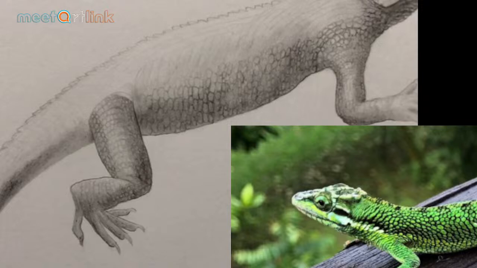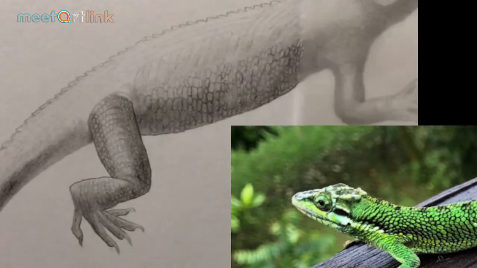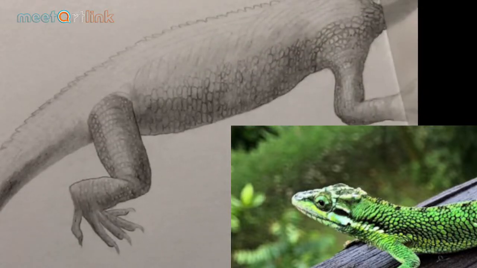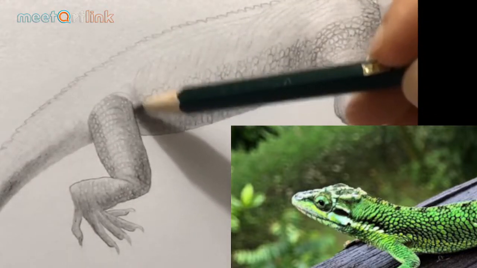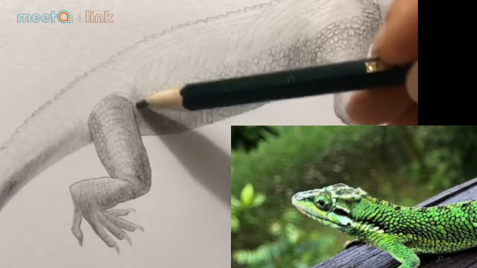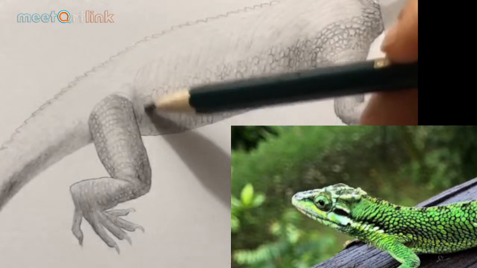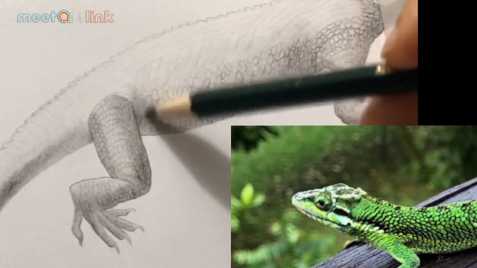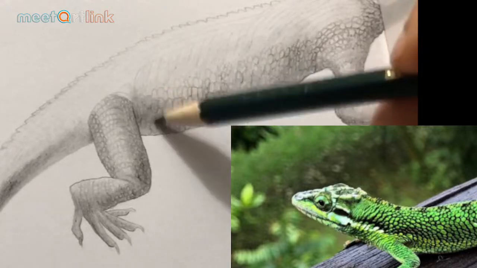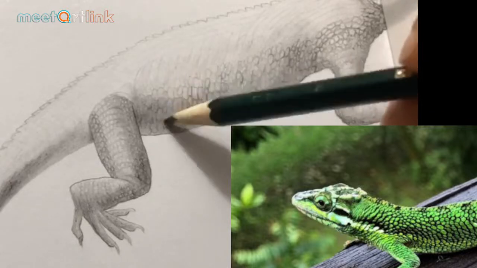I think the real challenge here is the transitions from the shading to the lighting. And yeah, sometimes I look at it and I'm like, okay, this could be darker. So let's do it darker. Remember, every time you touch your paper, make sure your hands are clean. I wash my hands before starting class, so I'm pretty sure my hands are clean.